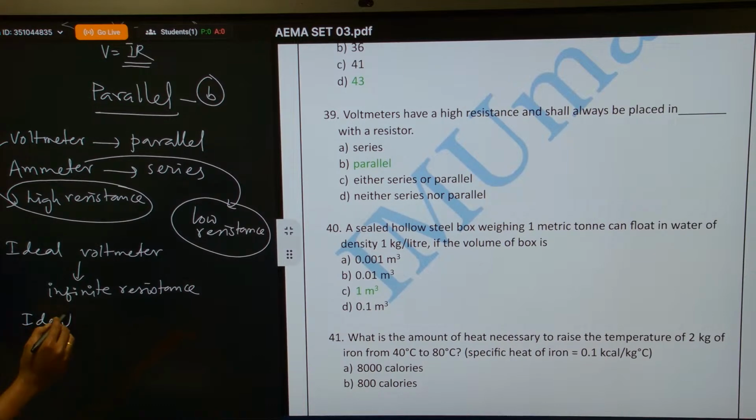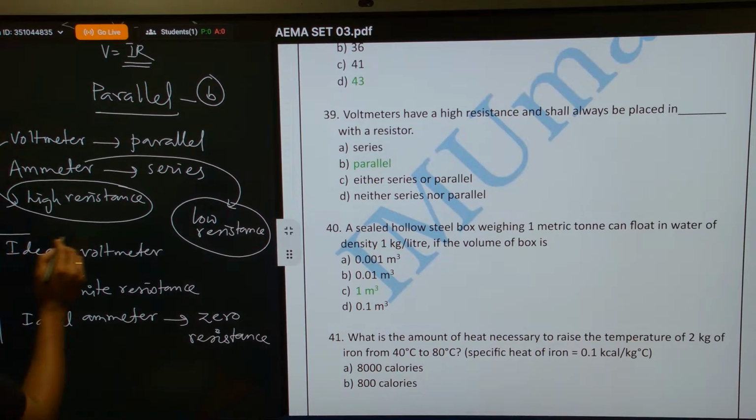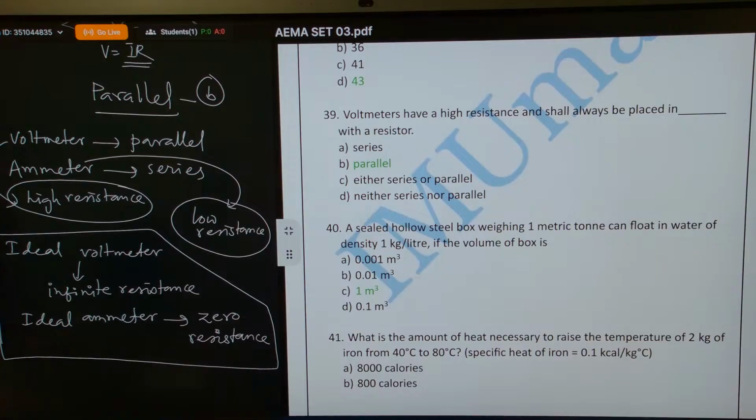Ideal ammeter should have zero resistance, but in reality that is not possible. Without resistance we cannot calculate the voltage or current. So also remember these two parts. Ideal voltmeter should have infinite resistance, and ideal ammeter should have zero resistance.